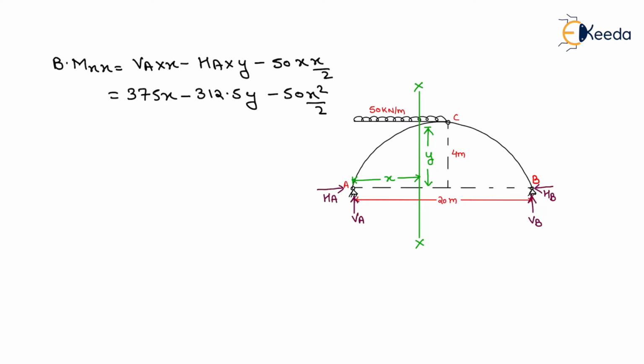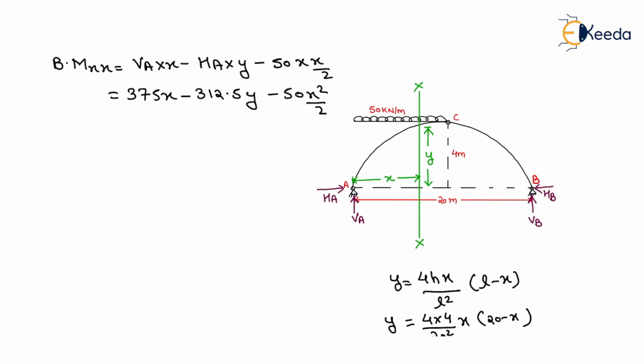Now we know that the value of y for a parabolic arch will be equal to what? It will be equal to 4hx upon L square into (L minus x). So we put the values of h and L here. It will be 4 into 4 divided by 20 square into x into (20 minus x). That will be the value of y.